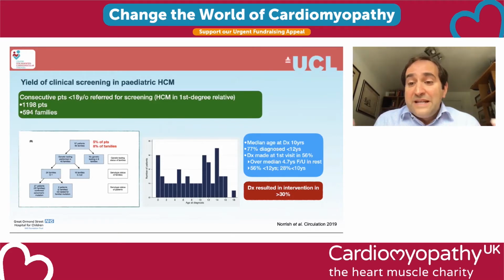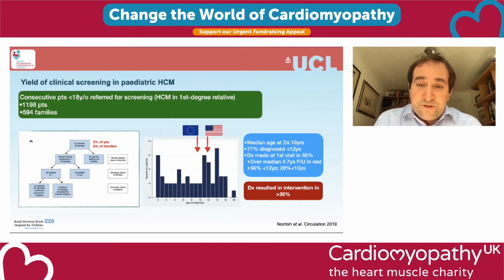So nearly 80% of the children that we've screened, whom we've diagnosed with hypertrophic cardiomyopathy because of a family history, we make that diagnosis below the age of 12, usually at an average of 10 years of age, but including lots and lots of children who are much, much younger than that, including in the first year of life. So if we had just followed the current guidelines, we'd have missed a significant proportion of these children who clearly have evidence of the condition.